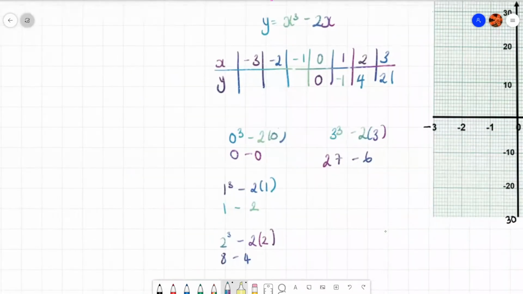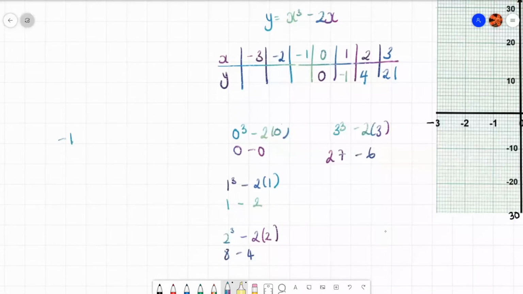Let's do -1. So this is where it gets slightly tricky. -1 cubed minus 2 times -1. Well, -1 cubed is -1 times -1 times -1, which is -1. And then -2 times -1 is +2. Okay, and that just gives me the number 1. Right, next one.